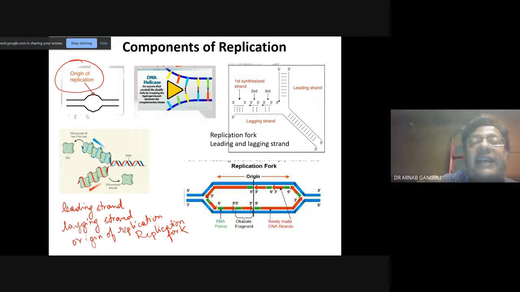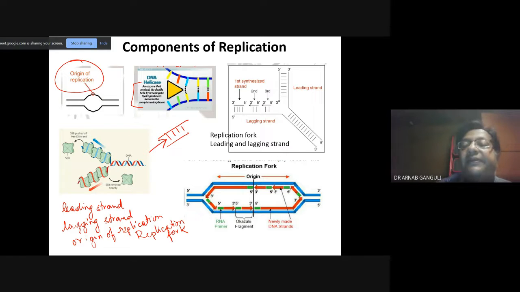Then the DNA helicase. What it does is, this enzyme unwinds the double helix by breaking the hydrogen bond. They are held together by hydrogen bond, so DNA helicase breaks it open. So this is the 5 prime to 3 prime strand. This is a 3 prime to 5 prime strand which I had drawn. This is the replication fork.